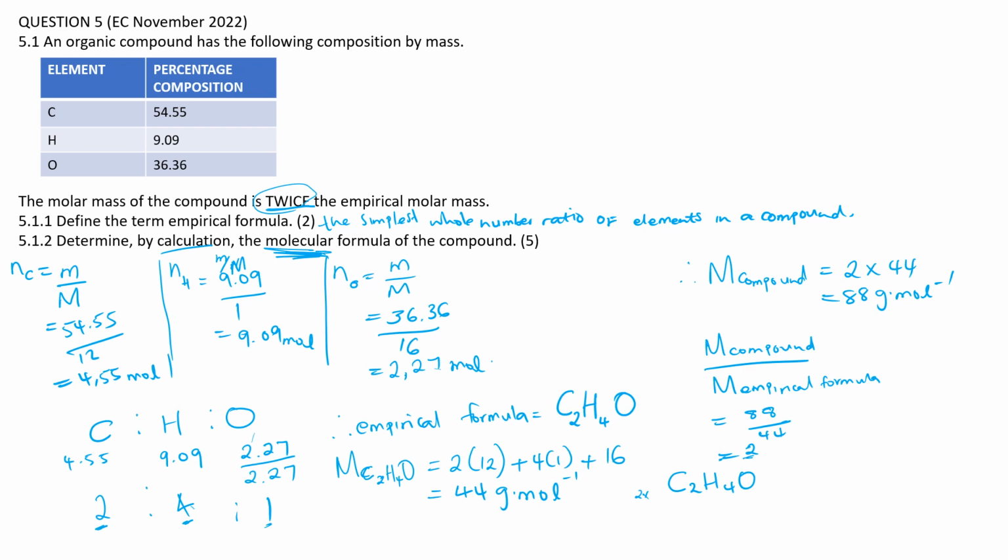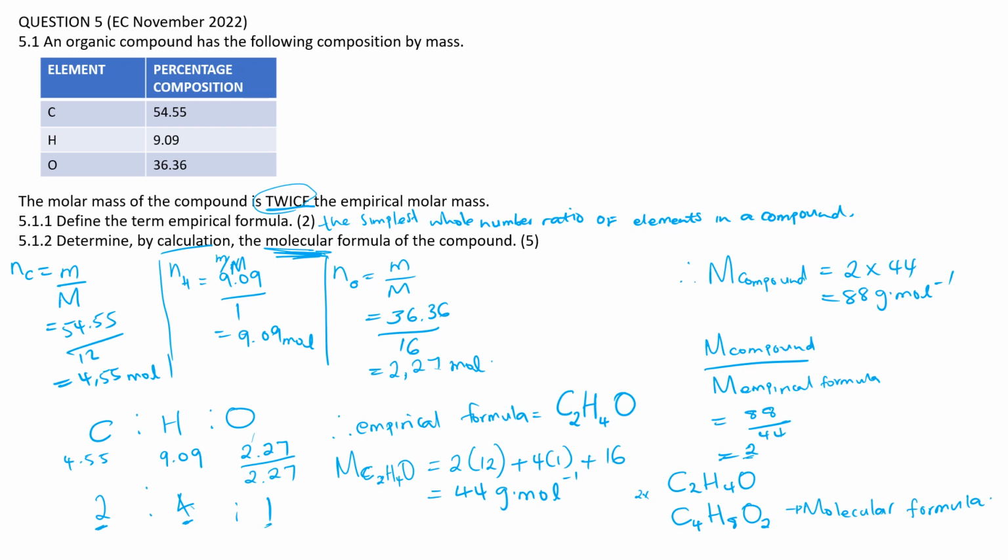So it's going to be C, 2 times 2 is 4, H, 4 times 2 is 8, O, 1 times 2 is 2. And this is the molecular formula. All right. So that's how you get the molecular formula.